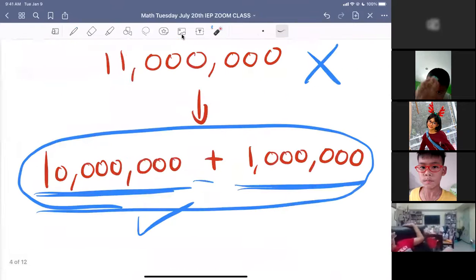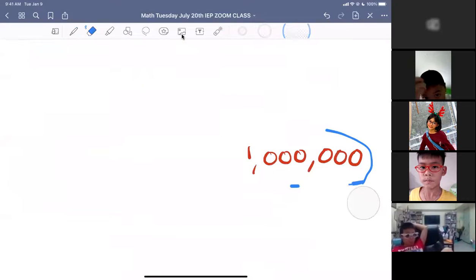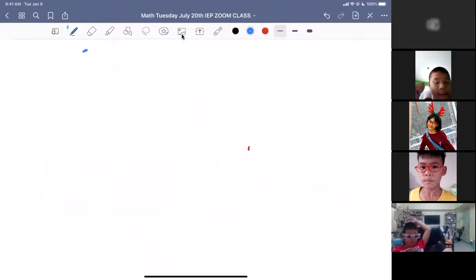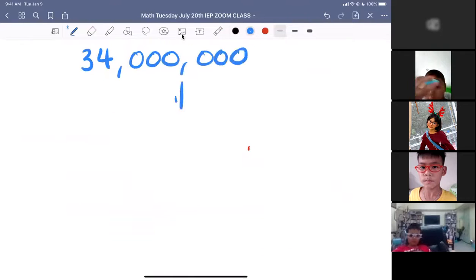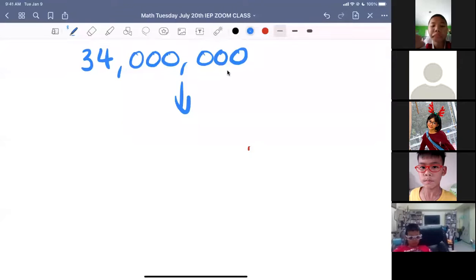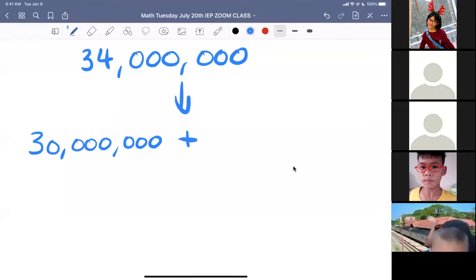Let me write it on another page. 34 million. How do we write it? 34 million has to be written as 30 million plus 4 million, right?